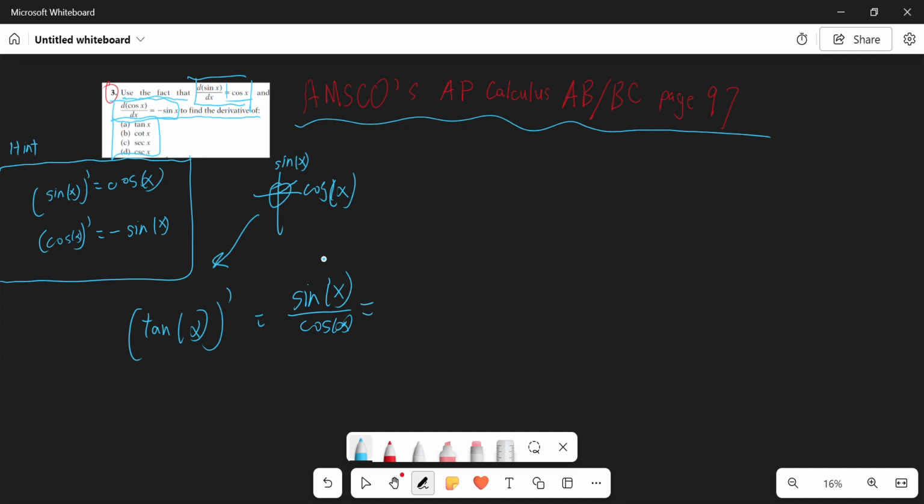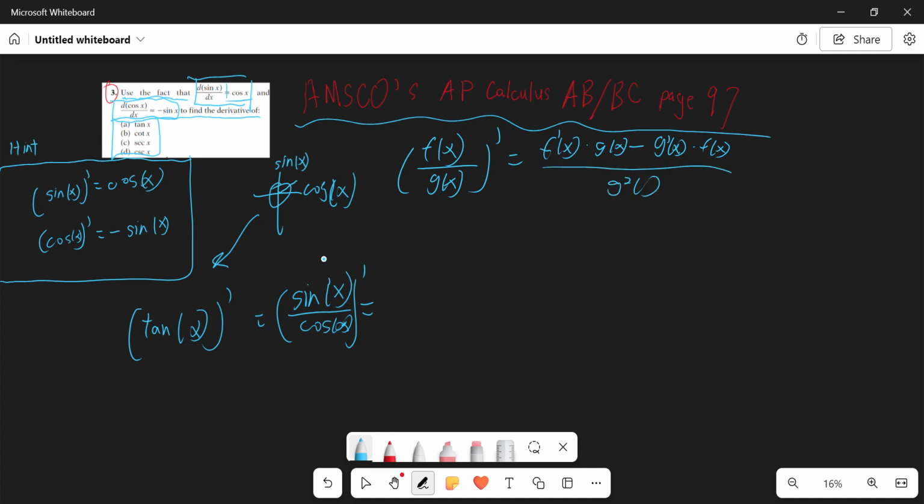We will be using the quotient rule on this. What is the quotient rule? It's basically two functions. You derive it, and it's a rule of f of x prime multiplied by g of x minus g of x prime multiplied by f of x, over g of x squared.